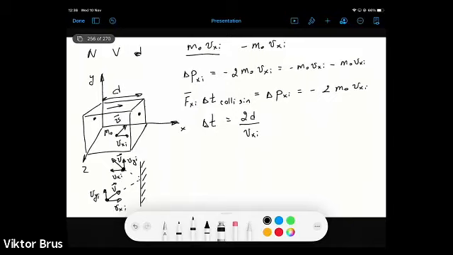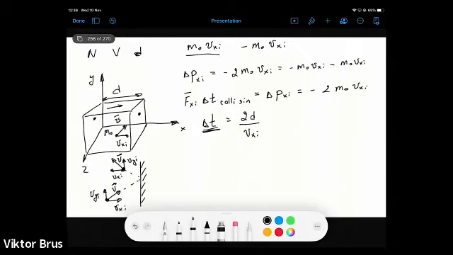So taking this into account, we can average the force during collision over the time interval delta t, now not delta t collision, because we know that during this longer interval of time there will be only one collision. So we can average it over this time.